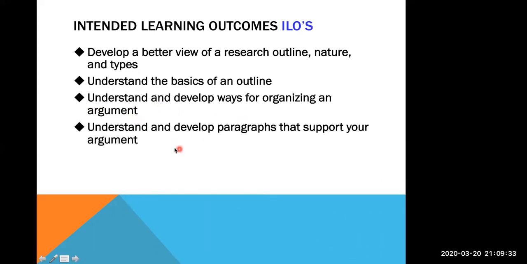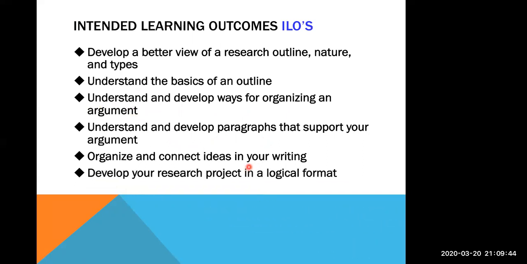And also you'll be able to develop paragraphs that support your argument and organize and connect ideas in your writing. And the last one, develop your research project in a logical and systematic format. These are the major intended learning outcomes that help you to develop a better view by the end of this session.